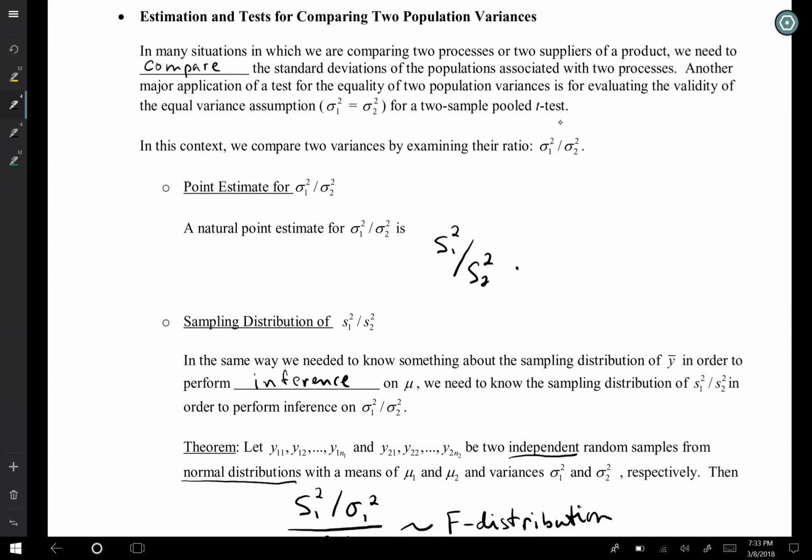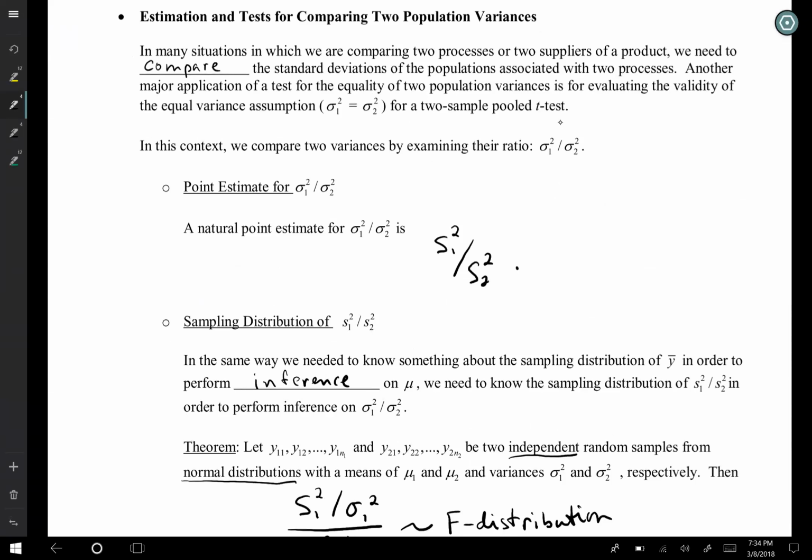Yeah. Was he testing to see if two population variances were equal? Yes. Okay. So what are the general takeaways I should have on the difference between the F distribution and the chi-squared distribution?